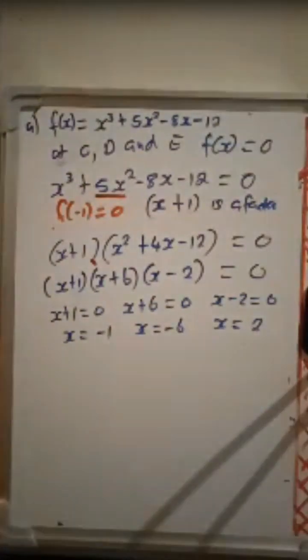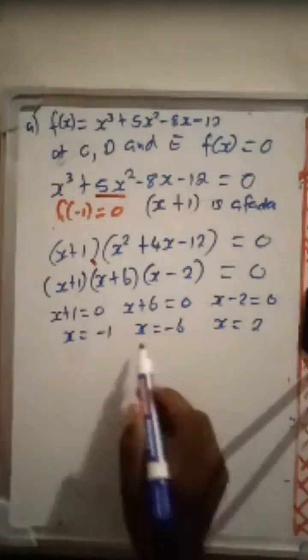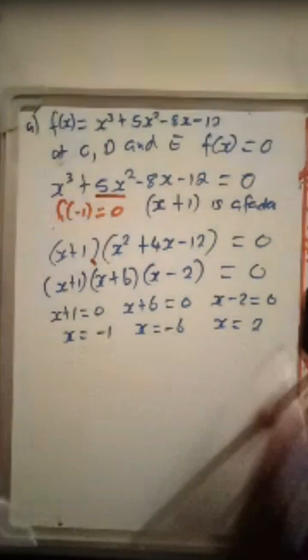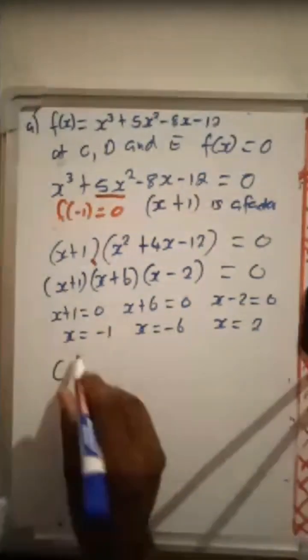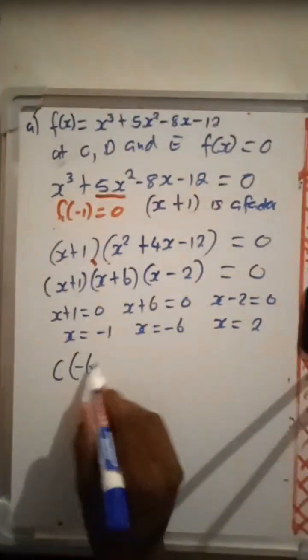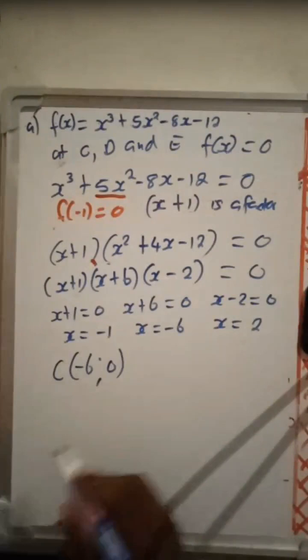Okay? So from there, we can see which one is C, which one is D, which one is E. They say determine the coordinates of C, D, and E. If you compare negative 1, negative 6, and 2, C is negative 6, 0.